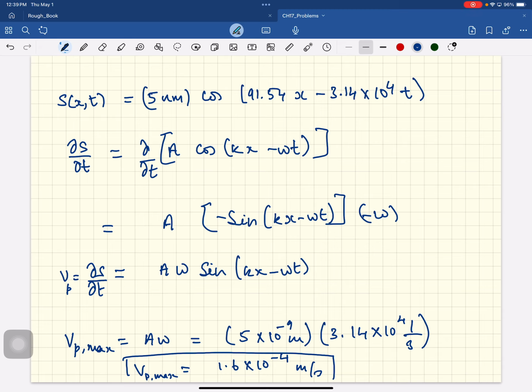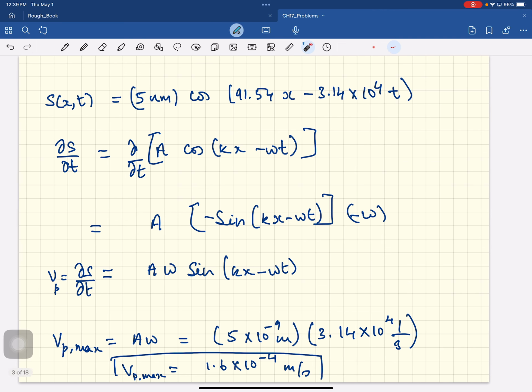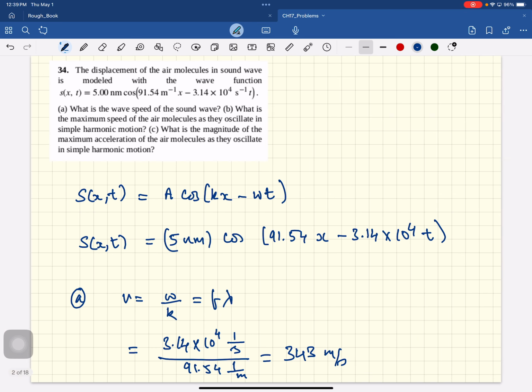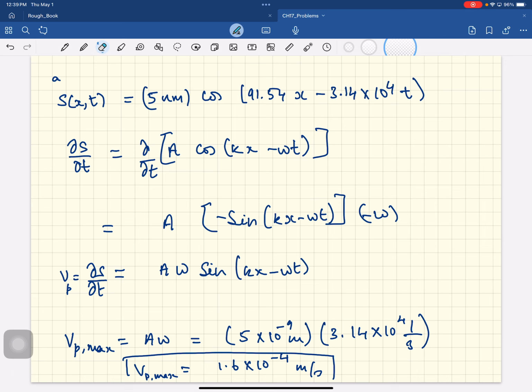So that is 0.16 × 10^-3 meters per second, a tenth of a millimeter a second. That's a macroscopic speed for a microscopic particle. So that's part B.